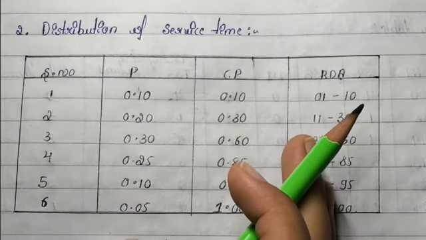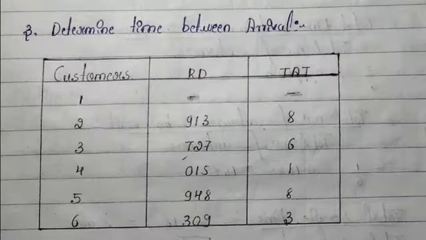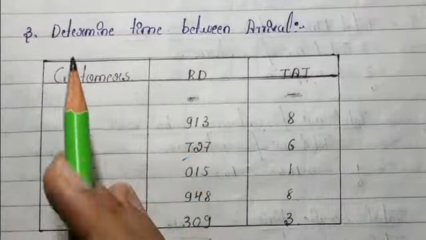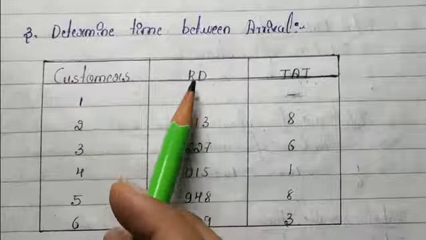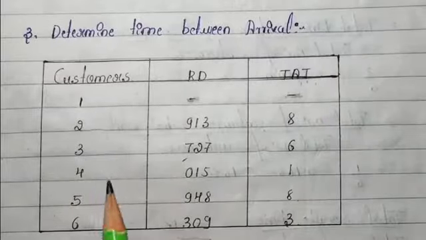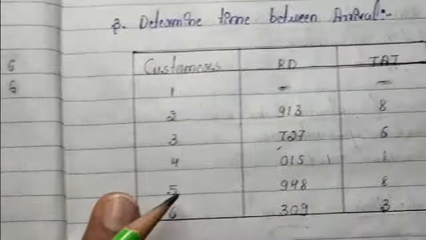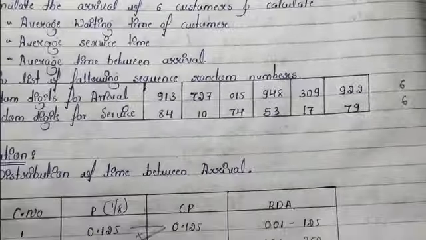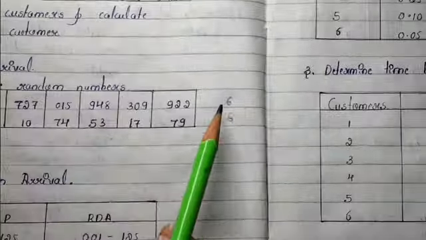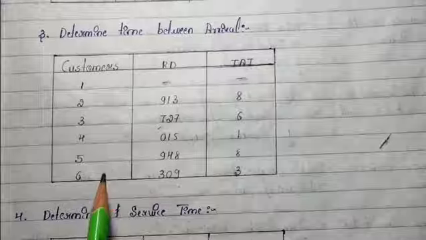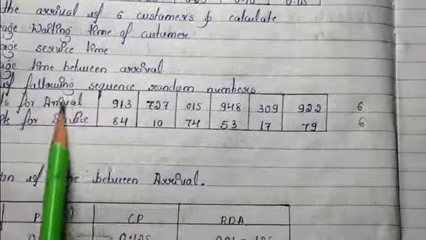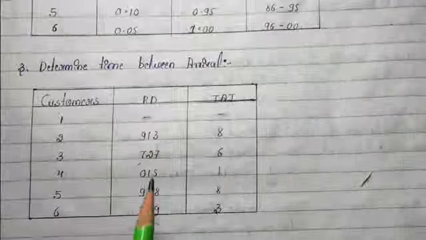Now moving to the third step, that is to determine the time between arrival. Here we need 3 columns, that is customers, random digit, and inter-arrival time. This value can be known from here. For the random digit assignment for arrival we consider 6, so 1 to 6, and the random digits are given in the question for the arrival, so we are writing those values.